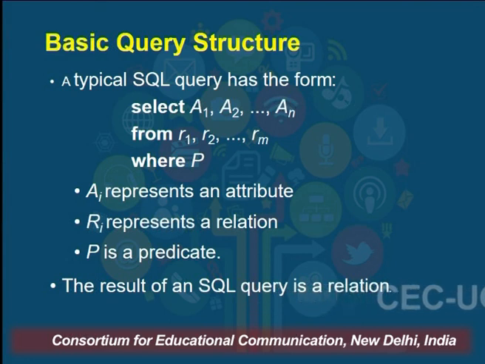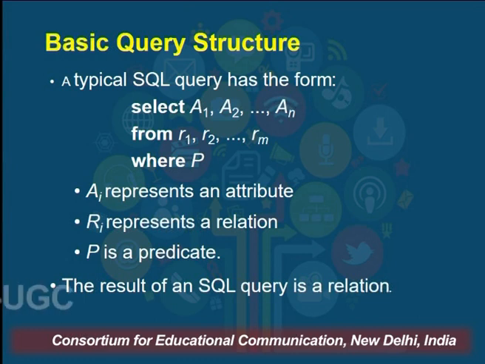So, here we can say a typical SQL query will have the form select A1, A2 till AN from R1, R2 till Rm where P. I hope you understand, this A1, A2 till AN are actually the names of the attributes. There can be one relation or more than one relation, that is why it is written as R1, R2 till Rm. Now, let us try to understand what this is.